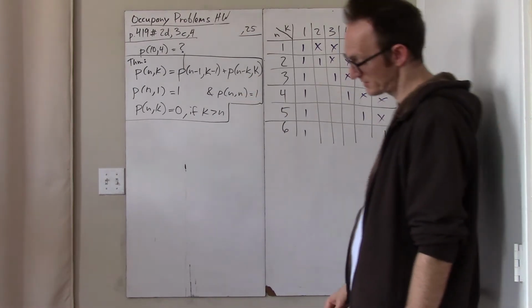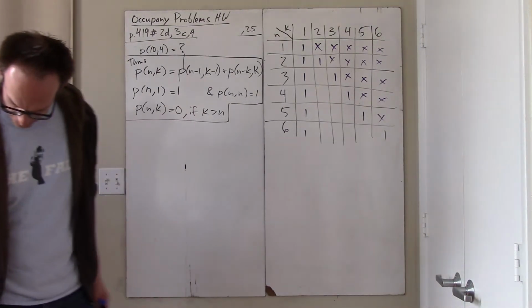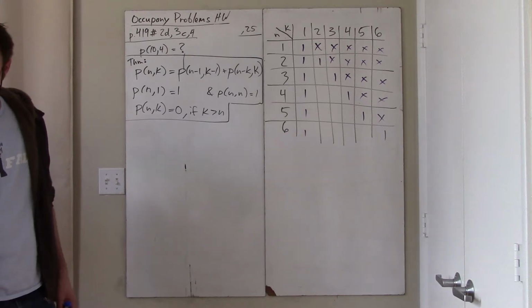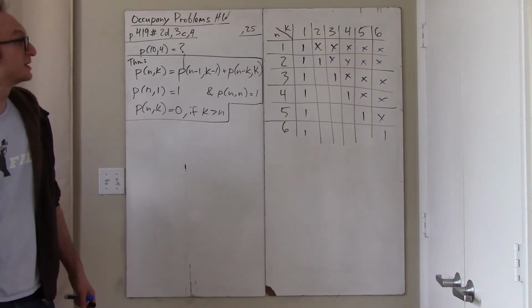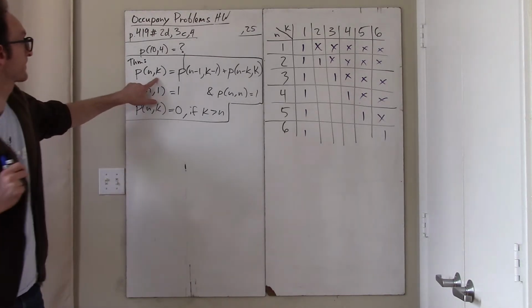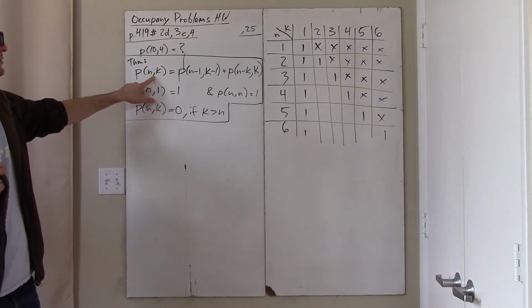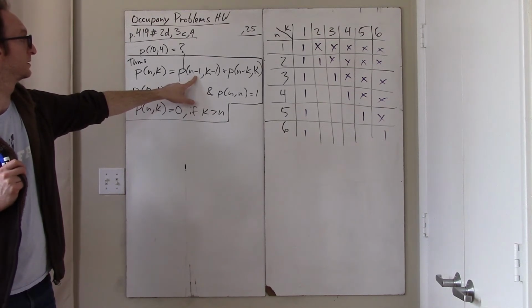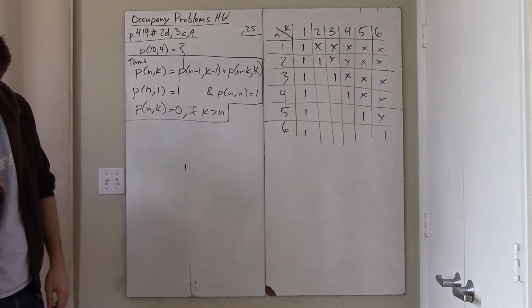That didn't work. That wasn't what I thought was going to happen. P32. Ah, shoot. P32 is P21, which is 1, plus P. Why is that 2?